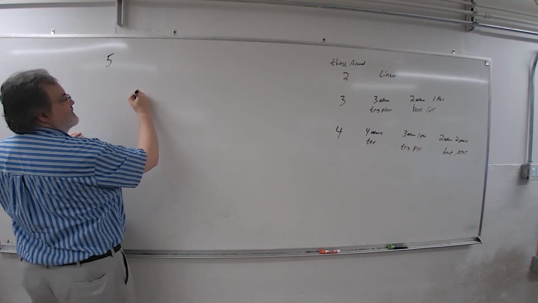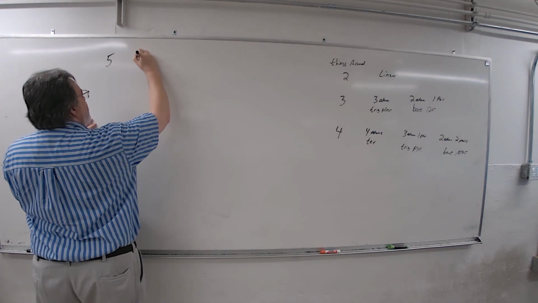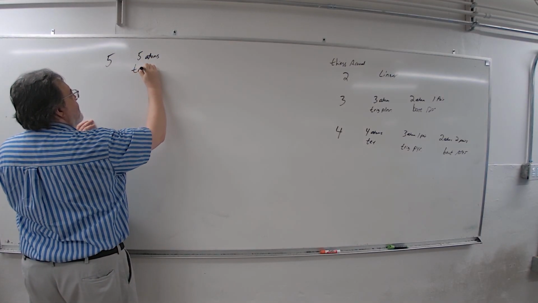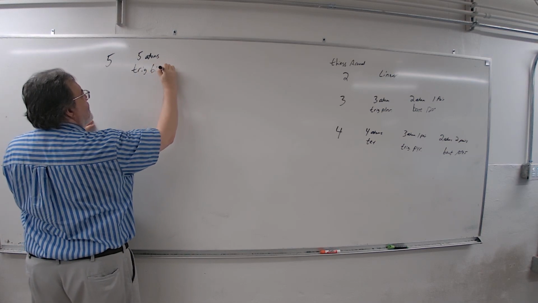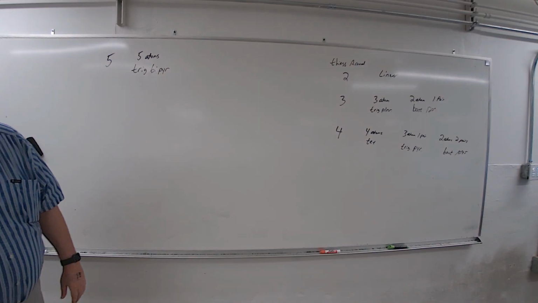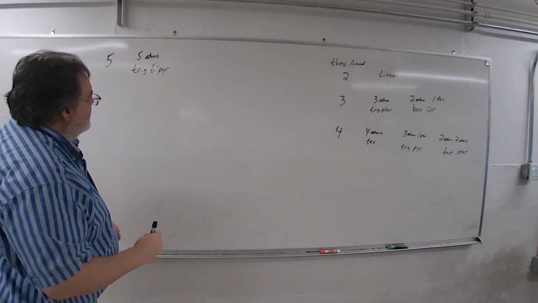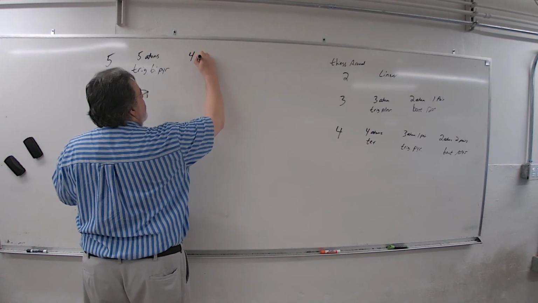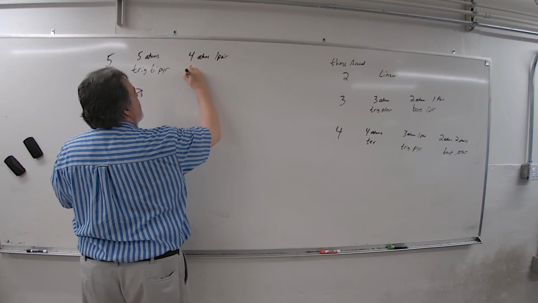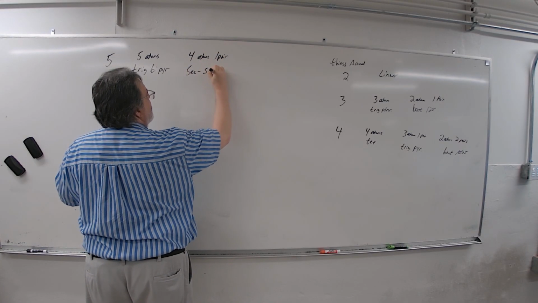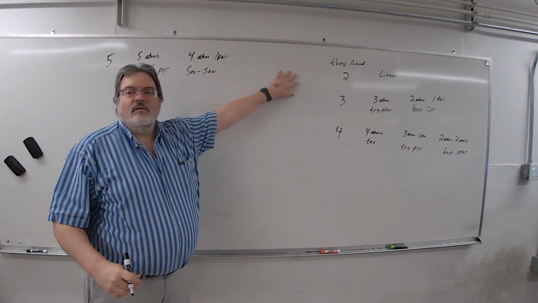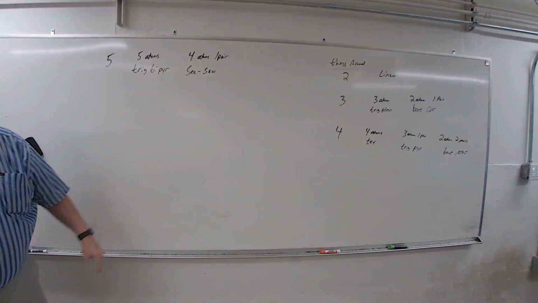If you have 5 things around it, and all of them are atoms, trigonal bipyramidal. Those we're going to need. What if you have 4 atoms? I'll just stop there for the 5s.